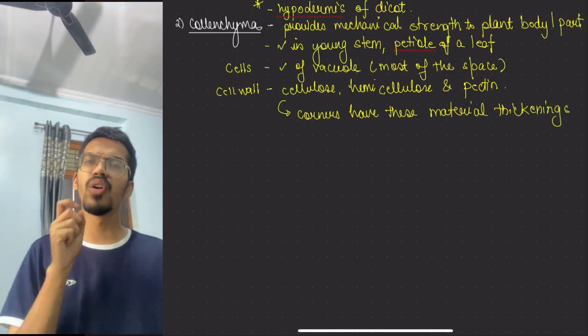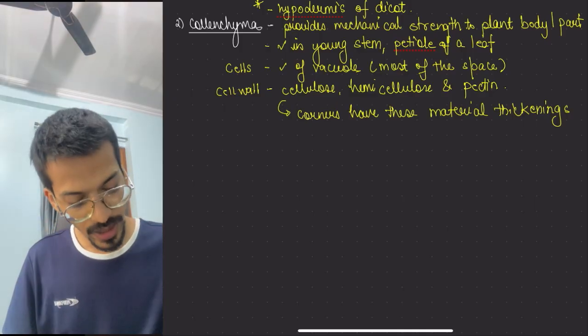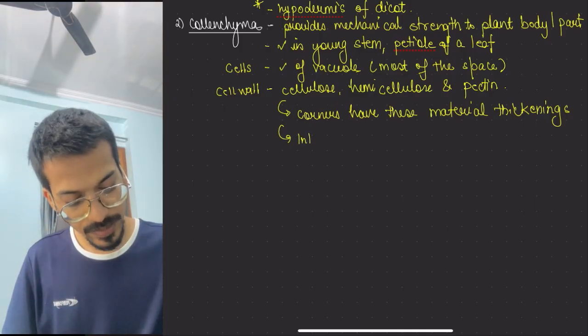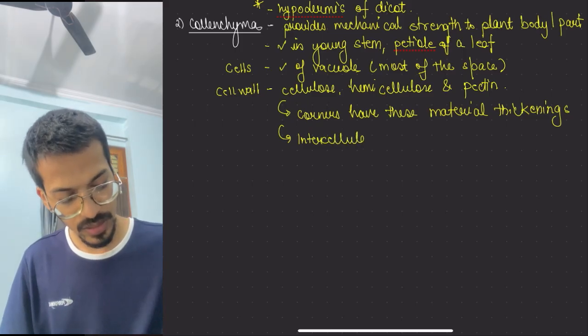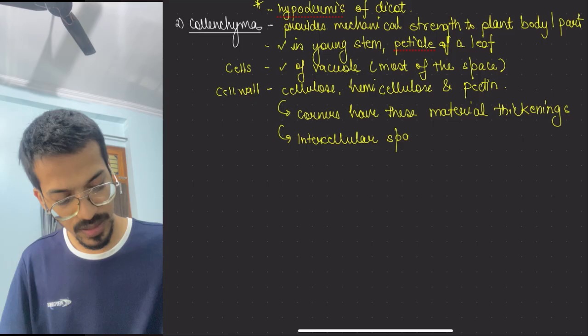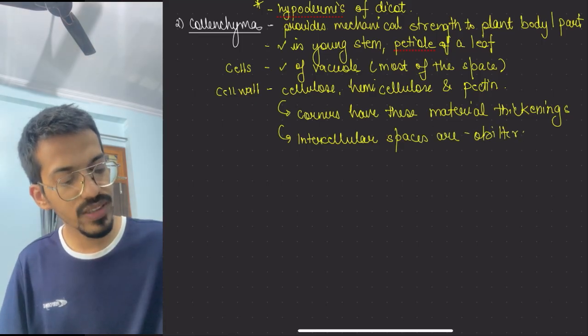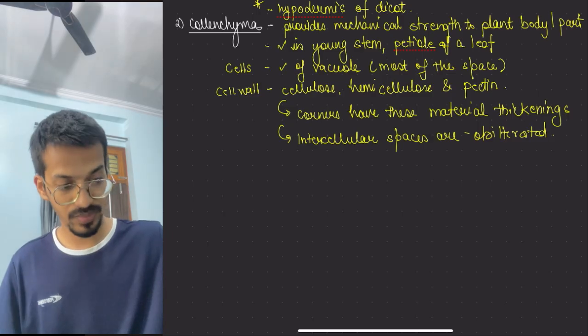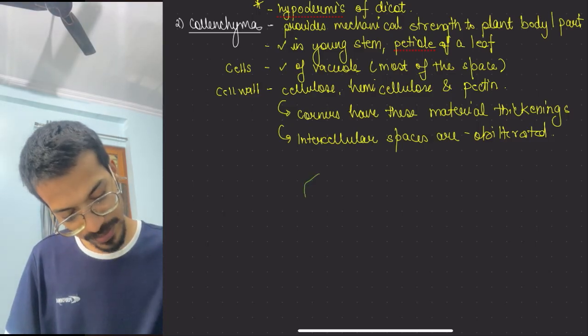And because of that even the intercellular spaces are obliterated. Why are they obliterated? Because thickenings are present. So if I will see how they will look, this is the cell.